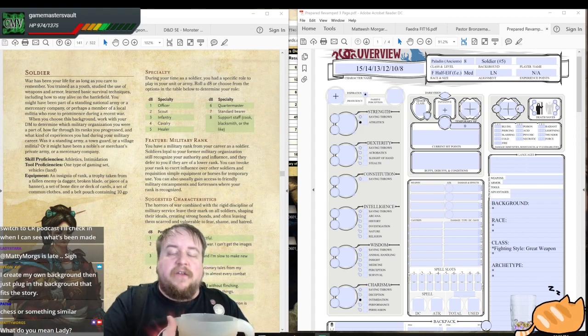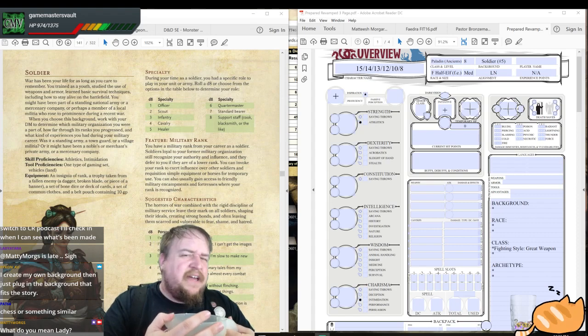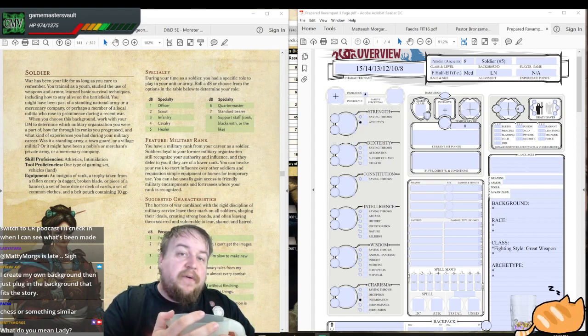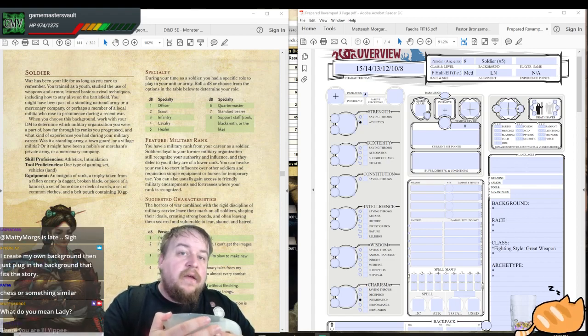Yeah, the gaming set could be cards, chess, dragon chess, which I think is kind of like a 3D chess. Three-Dragon Ante, which is its own card game, kind of like a D&D poker. Or it could be, I don't know, is there another type of board or card game, or some throwing dice or something along those lines?